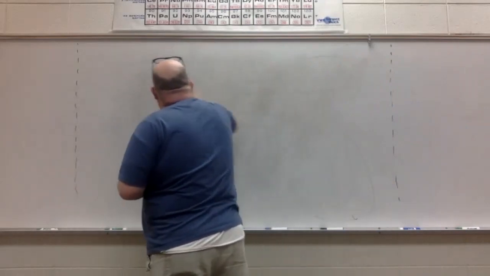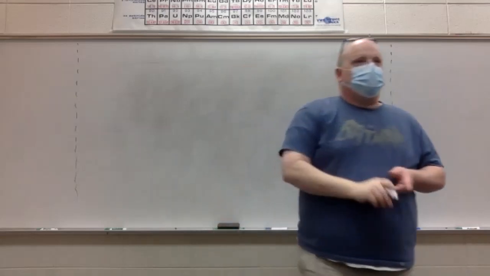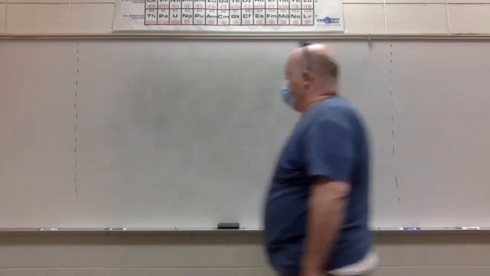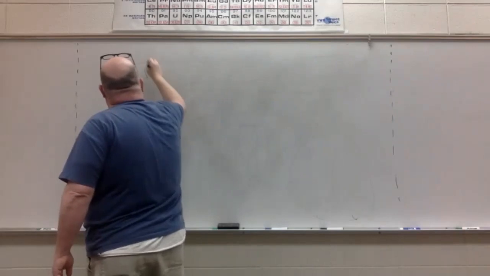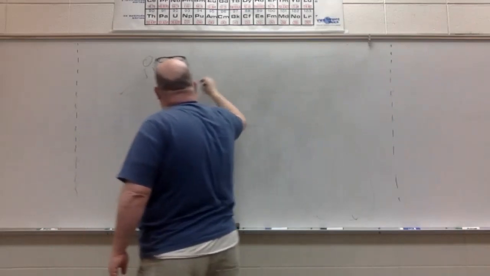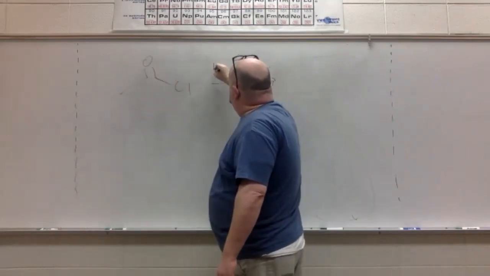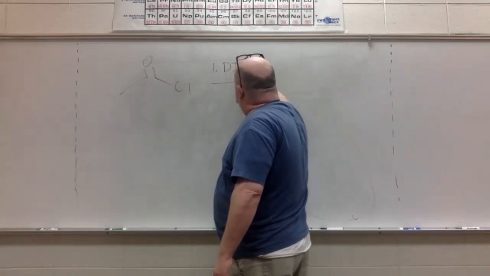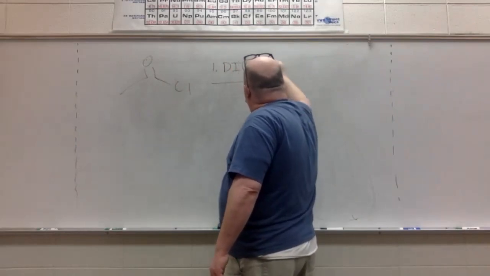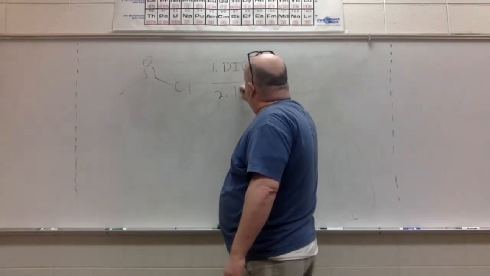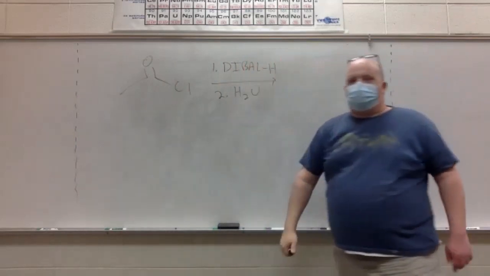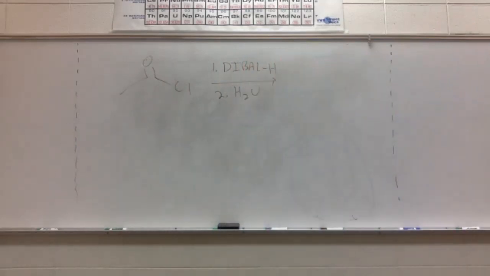Now, Josh had a good question. What happens if you use a weak reducing agent? Let's do that. In that case, you typically see something like this. You use DIBAL-H with a follow-up of H3O+.